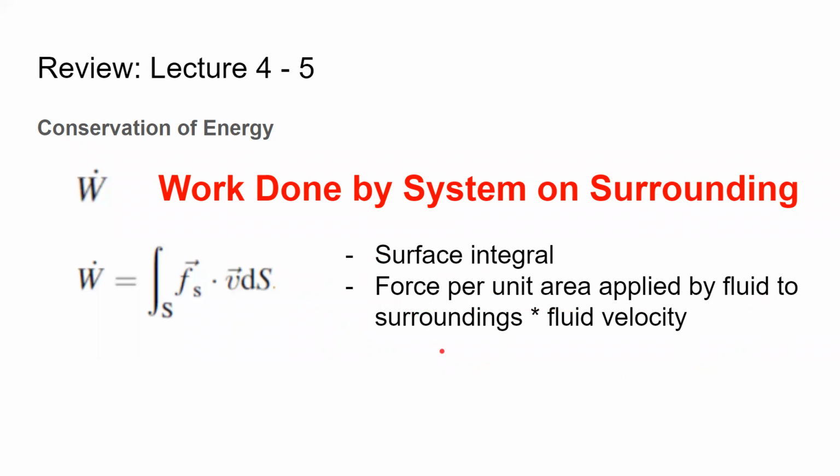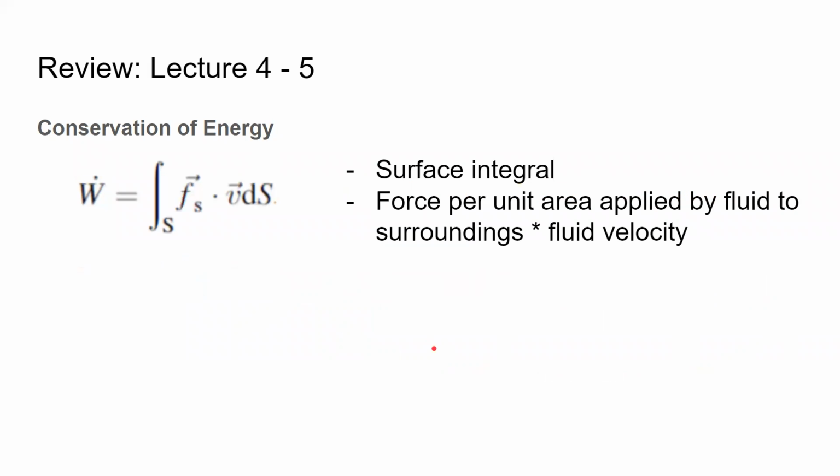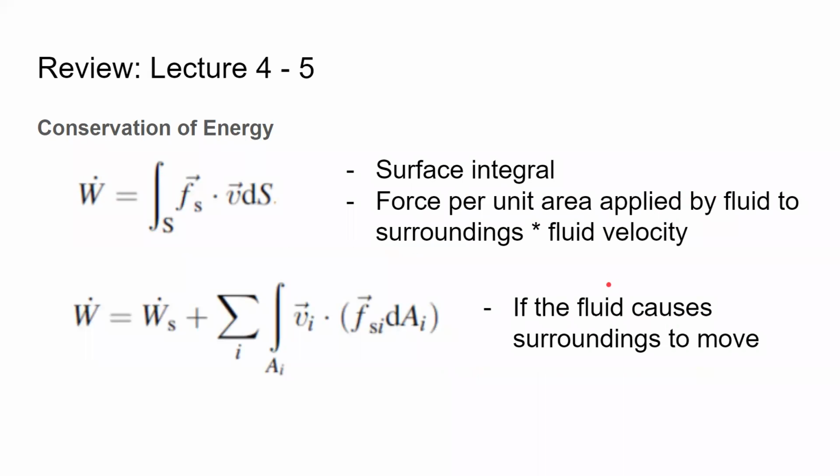Now, if this fluid is causing part of the surroundings to move, one example could be the rotation of turbine blades on a wind turbine, we would actually divide this work right over here, as we define it, into two key parts.